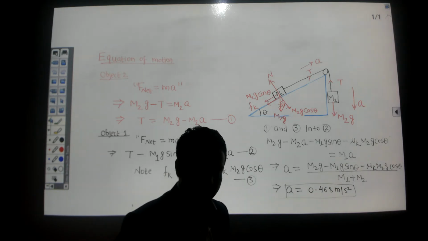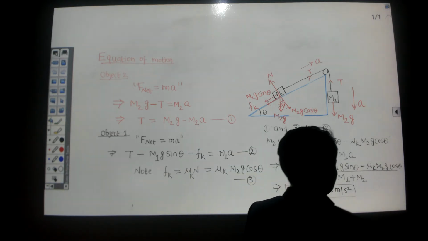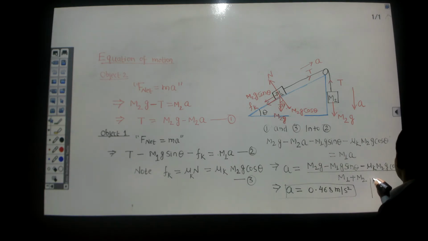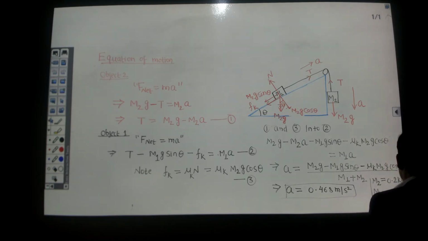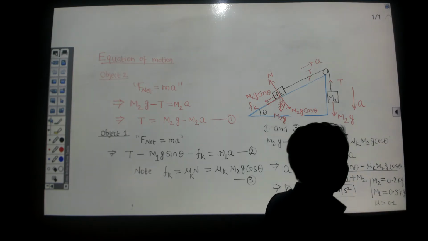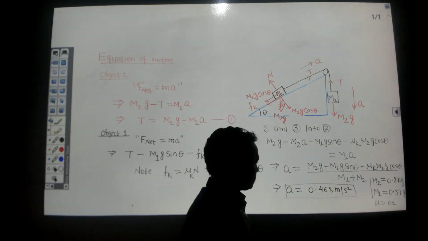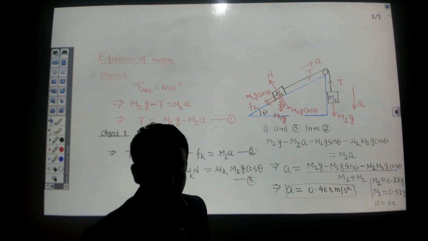I'm just writing down the values here. Again, m2 is 0.2 kilogram, m1 is 0.3 kilogram, mu value is 0.1, theta is 30 degrees, and g value is 9.8.